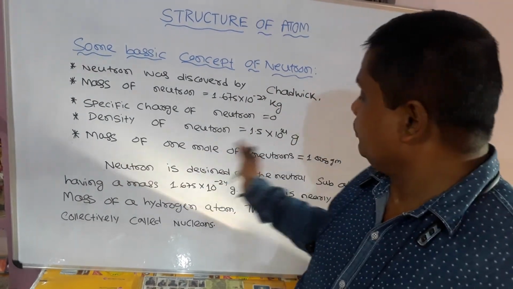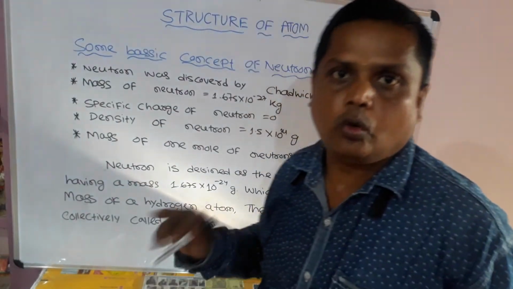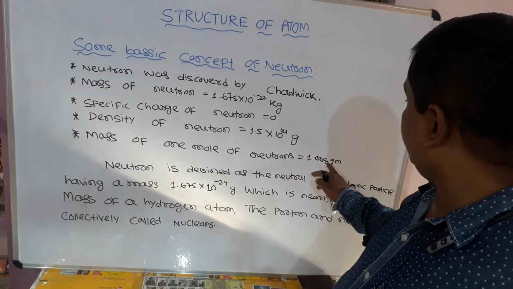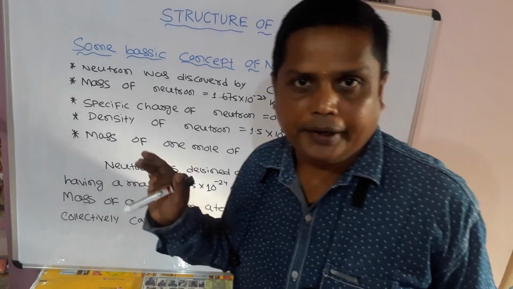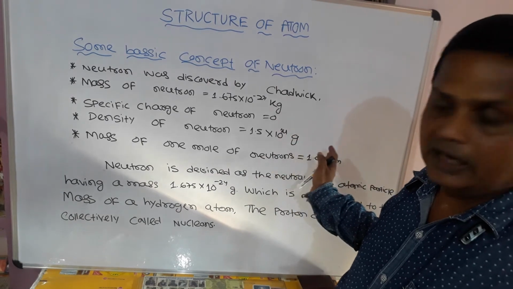Then mass of 1 mole of neutrons equals 1.008 grams.